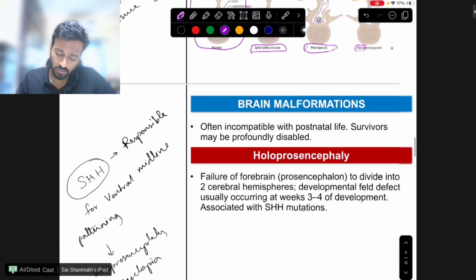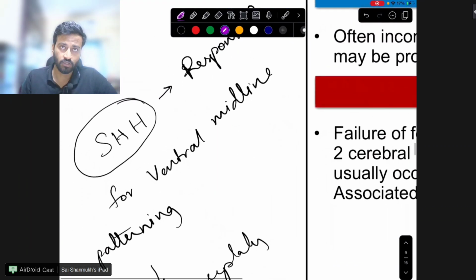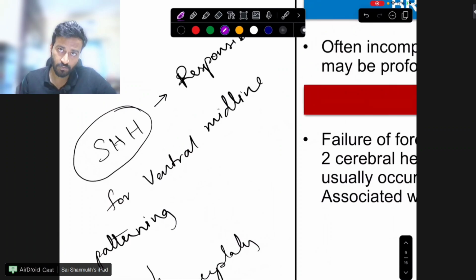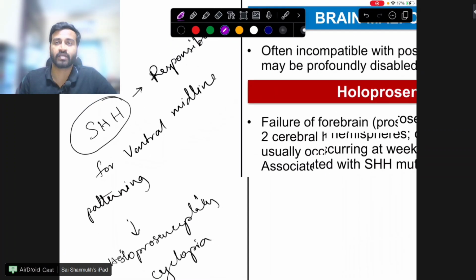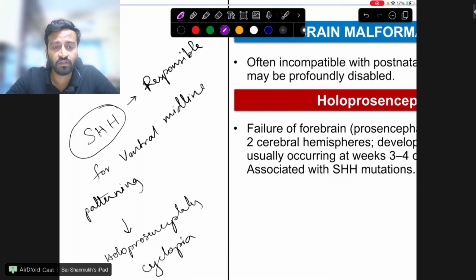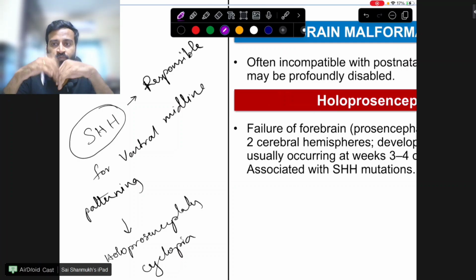And coming to the brain malformations, holoprosencephaly, sonic hedgehog. This gene is responsible for ventral midline patterning. So the sonic hedgehog gene is very much responsible for neural tube closure as well as ventral midline patterning. This will be absent, and the entire thing appears as one without any division in the brain.